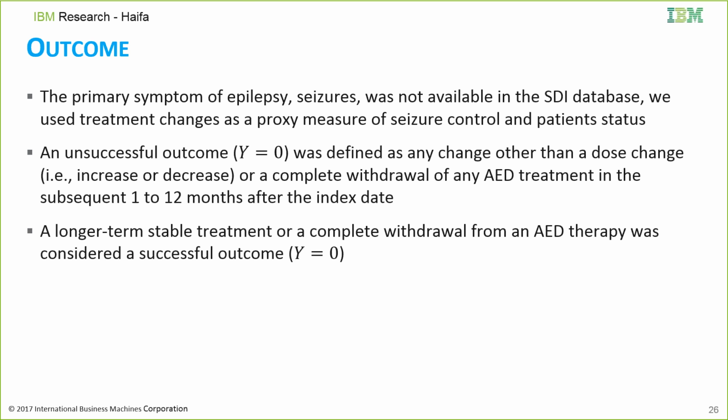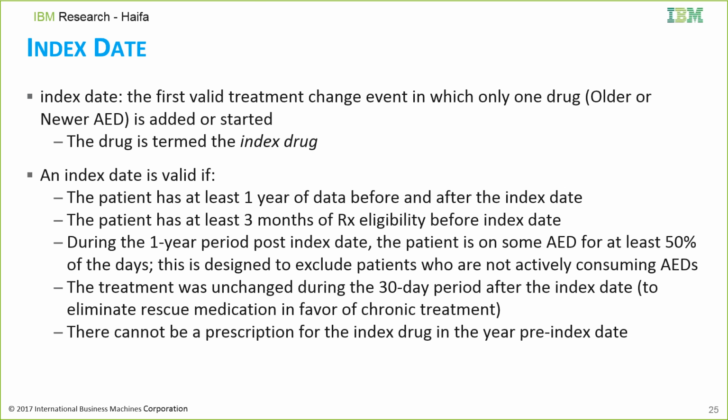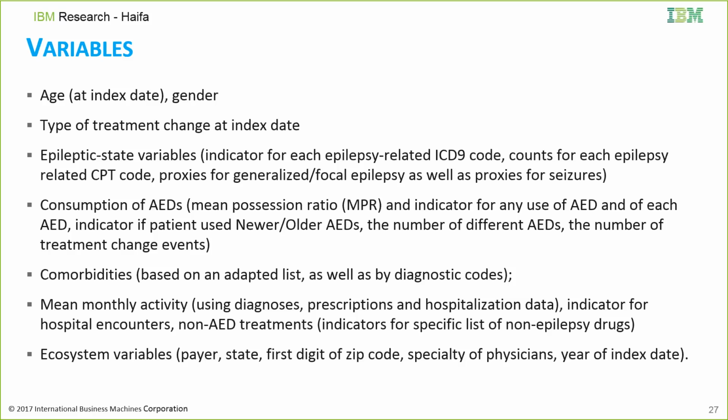So we talked about the outcome, and then for the features, the covariates that we extracted, as you can see, we extracted a very long list of different features, both age and gender, and the type of change in treatment and its date, whether it was a new drug, a switch, or a drug taken off use, and the position of the drug in terms of drug efficiency and so on.